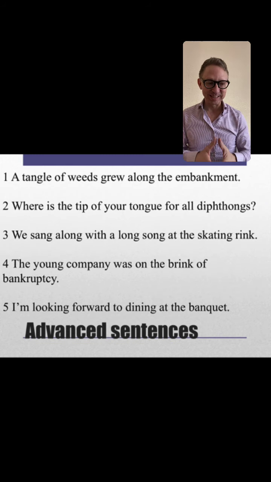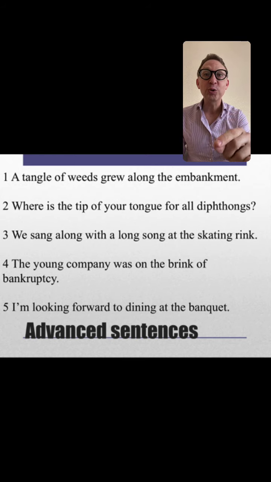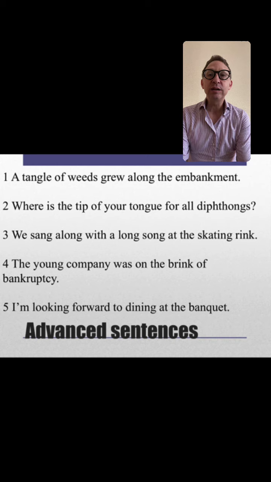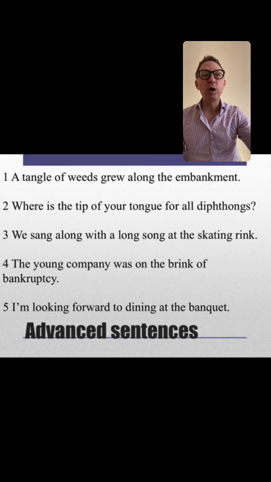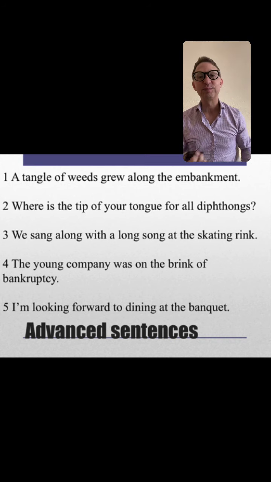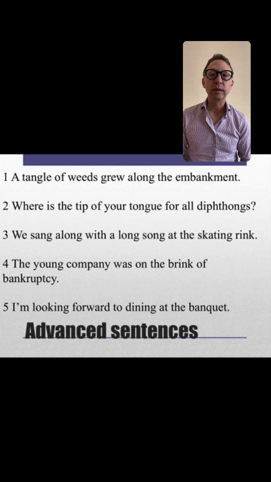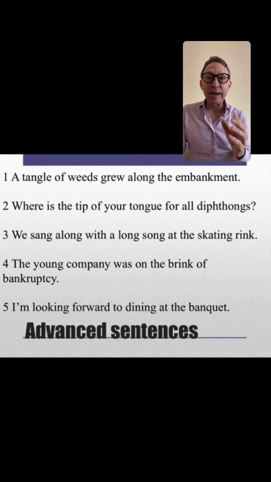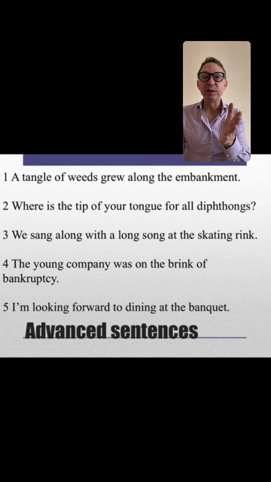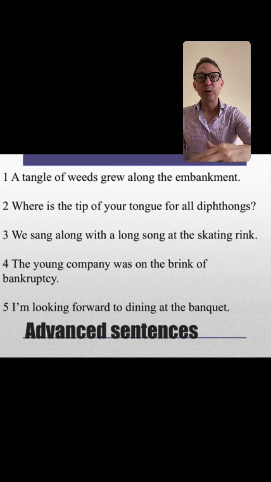And sentences, advanced sentences, five of them, and we're finished. And we will take your questions. A tangle of weeds grew along the embankment. An embankment is something near the river, you don't want to fall over the embankment.